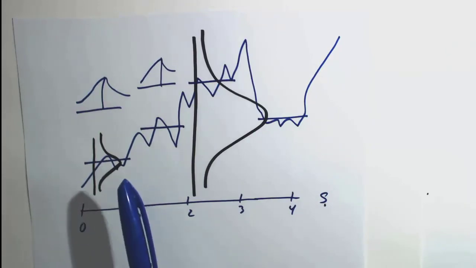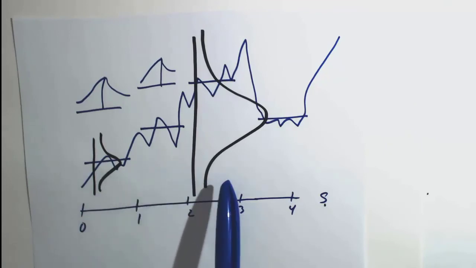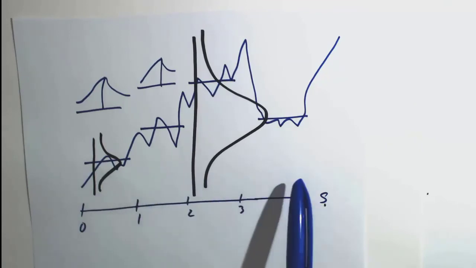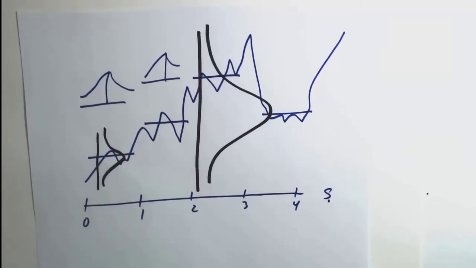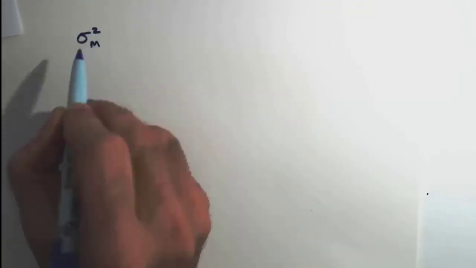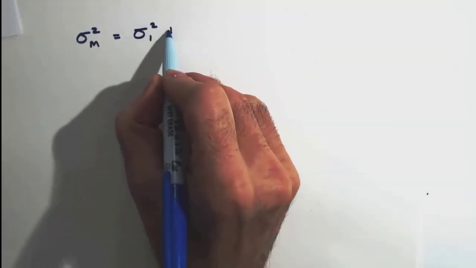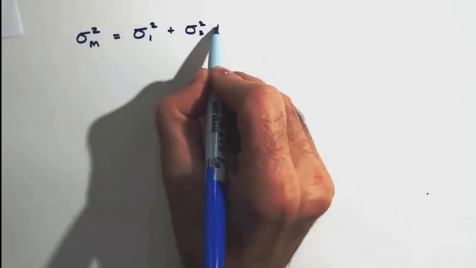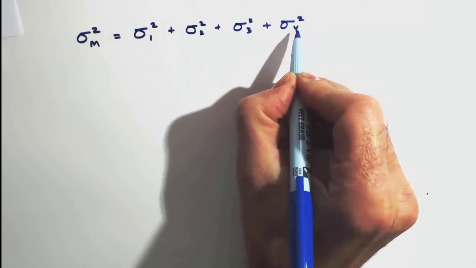So this is what I'm saying is reflecting the compounding of volatility when stock price changes follow a random walk. And the slang would be, stock prices follow a random walk. So mathematically, what we have here is this. If we want to look at the variance of a month, that's going to equal the variance of the first week plus the variance of the second week, plus the variance of the third week, plus the variance of the fourth week.